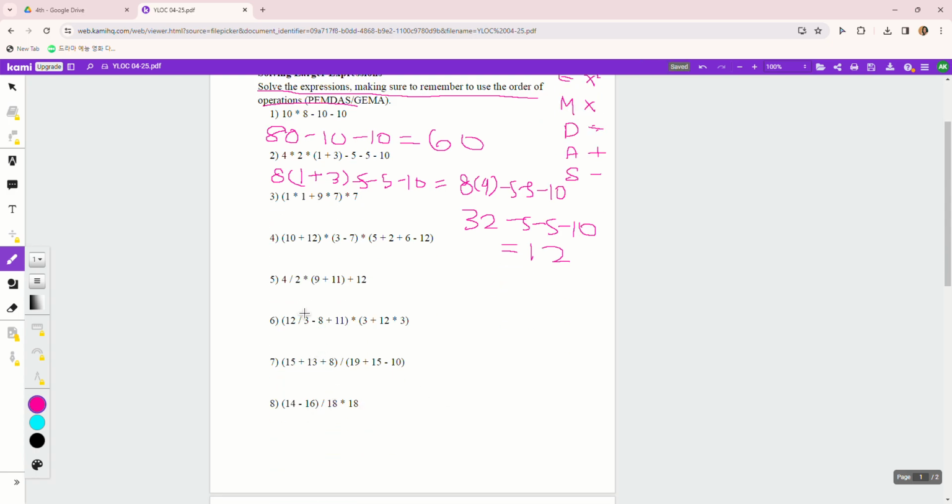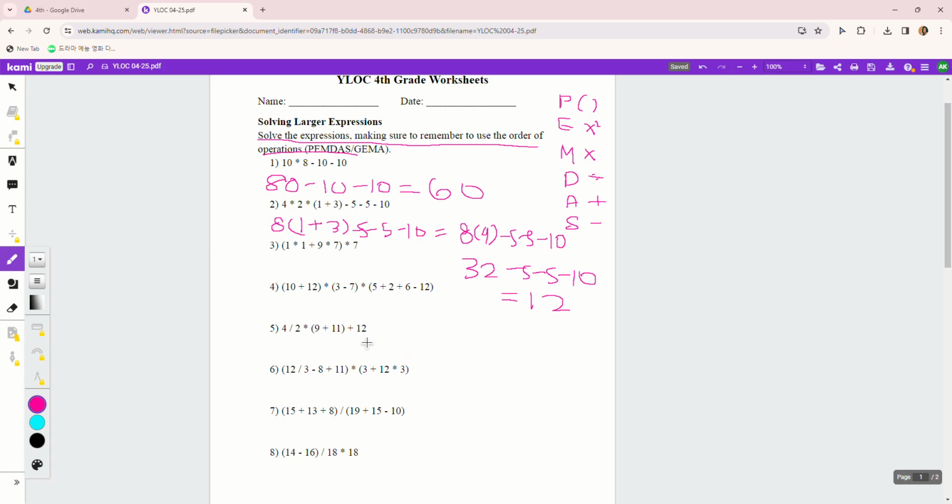So next is number 5. First you would do what's in the parentheses. So 4 divided by 2 times 11 plus 9, which is 20, plus 12.